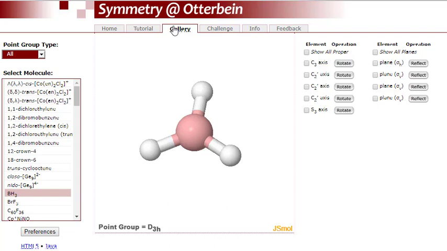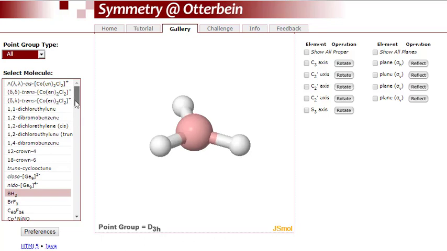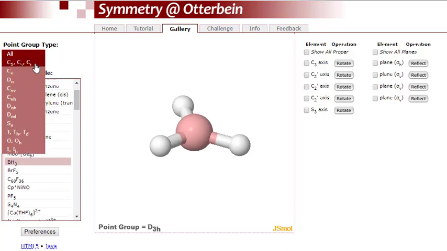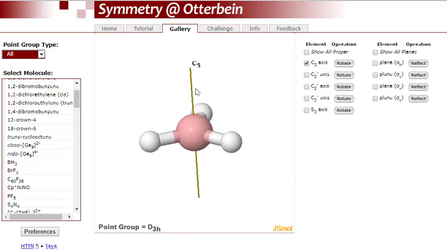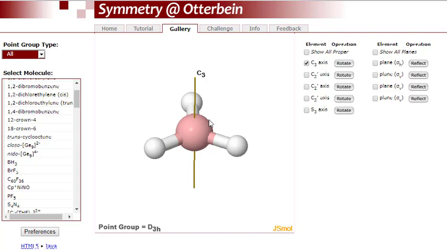It has a lot of information about symmetry, and in these animations you can actually play around with a whole library of molecules with different symmetries, and you are able to actually see the different symmetries, the different symmetry operations that are available in these molecules.